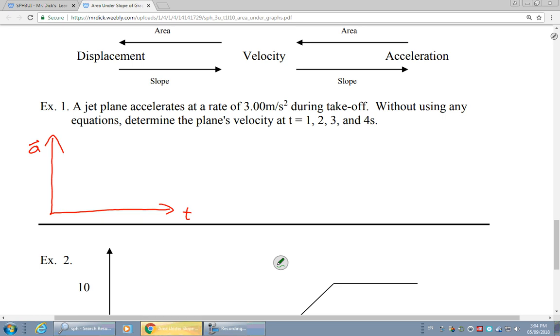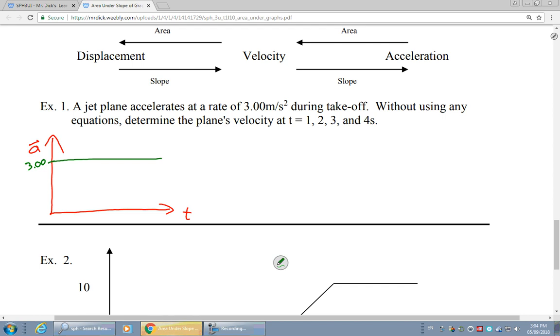And specifically, this is just a very rough sketch. It doesn't need to be anything fancy. At 3.00 meters per second squared, we've got a plane that is flying at a nice, straight, constant acceleration rate. Not necessarily constant velocity. We know that it's increasing its velocity, but it's a constant acceleration rate.